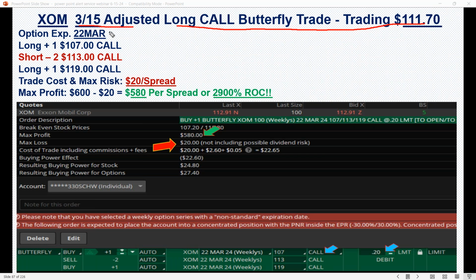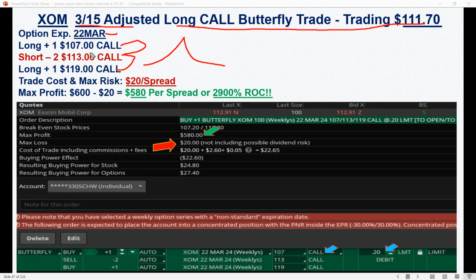So remember the original trade, the long part of the calendar diagonal was long the 22 March. So we rolled the whole spread into the 22 March. And now we were long that 107 call we adjusted into, and then we sold against it the 113 call, sold another 113, bought the 119. So now we had a call butterfly trade adjusted to it.